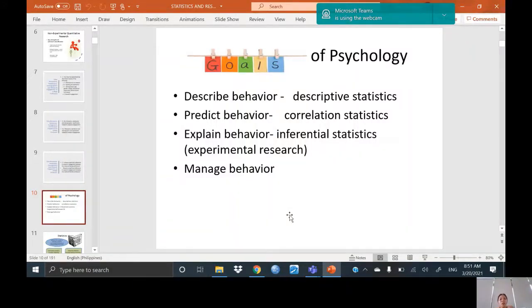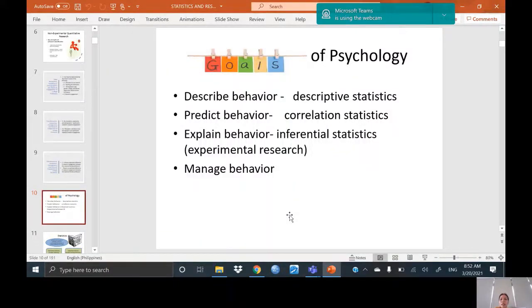Then we also want to explain behavior as to its cause and effect. What causes this? What is the result of this? What is the outcome? What are the corresponding causal factors that result in a certain outcome? Through the use of experimental research, experimental designs, we make use of inferential statistics in order to process the data that we have yielded from an experimental research.